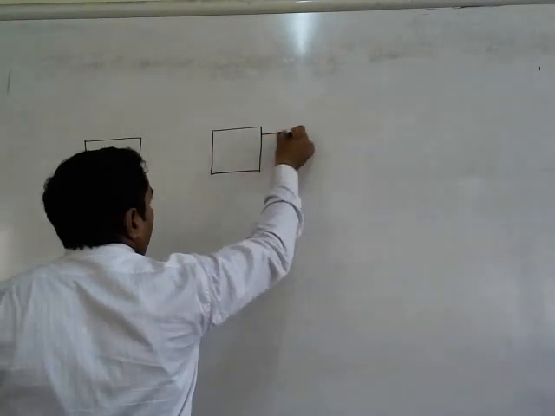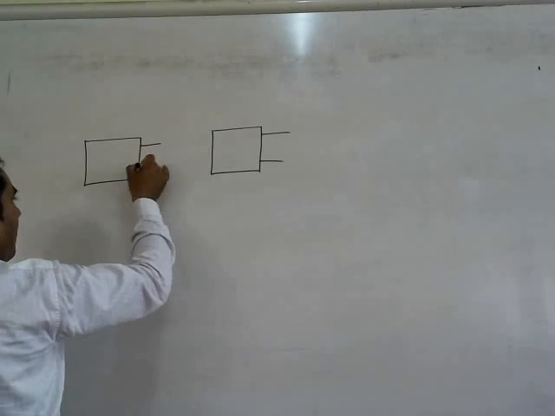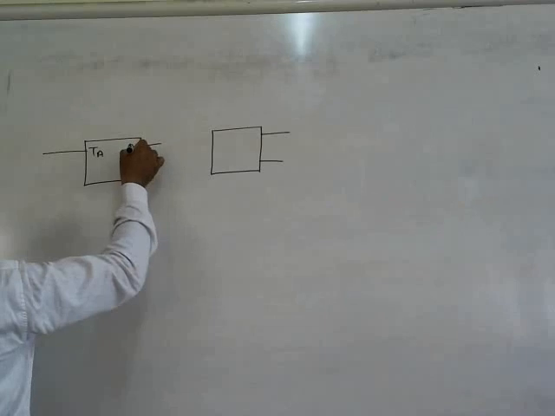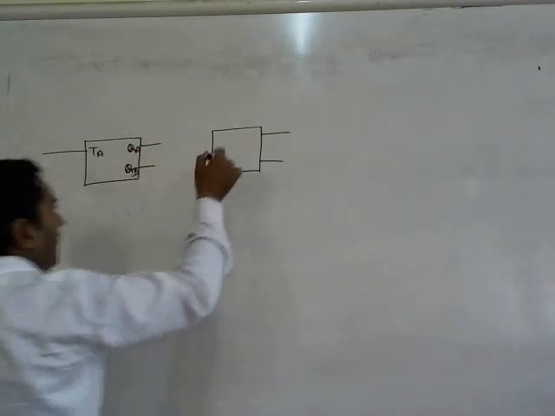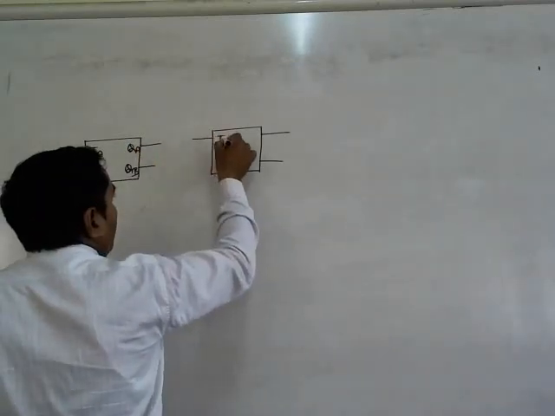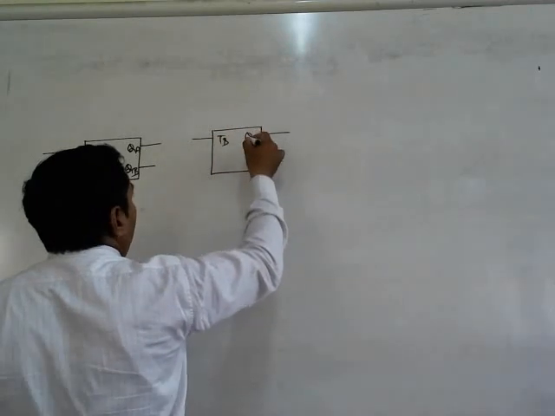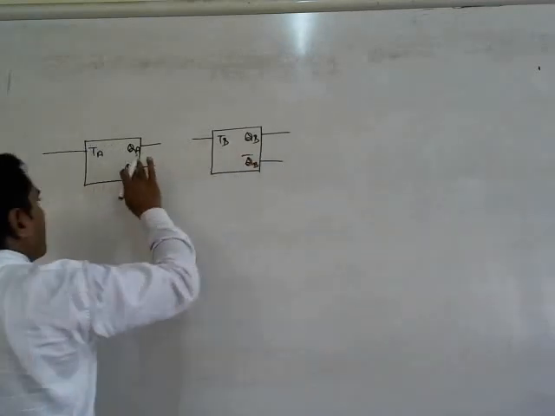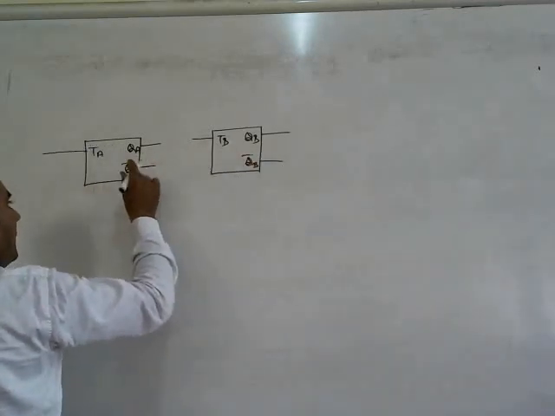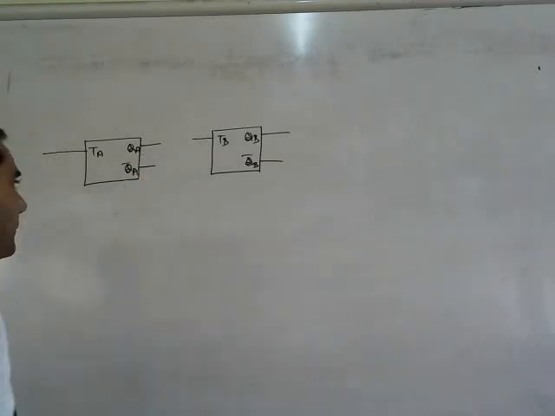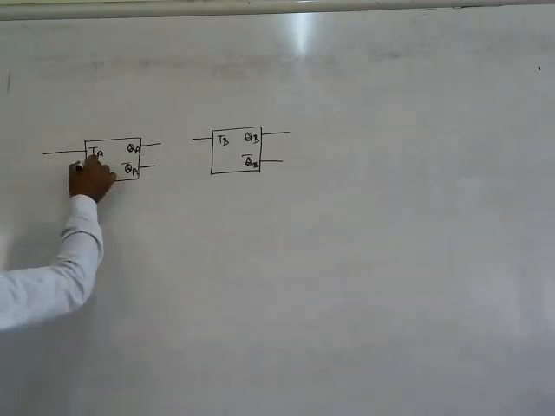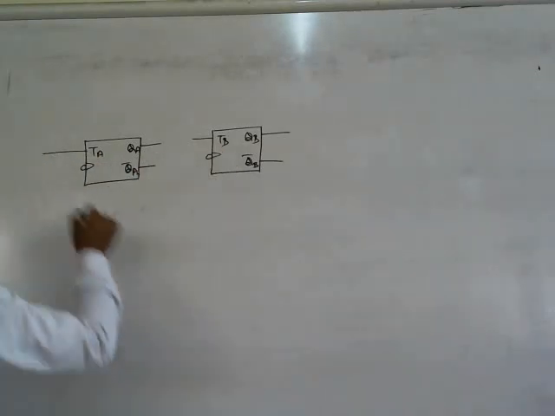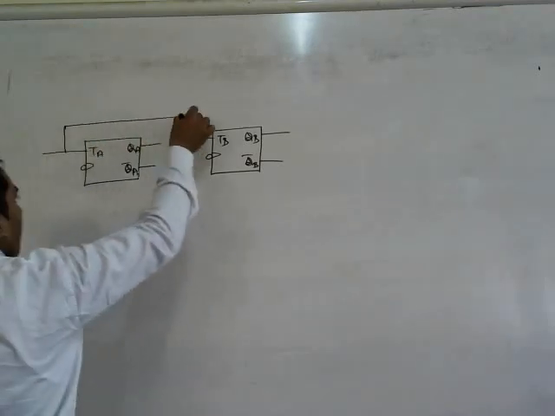That's the 2-bit synchronous up counter. Flip-flop TA, QA, QB, TB, QB, QB complement, QA complement. Okay. Now, again we take the concept of negative edge triggering here.